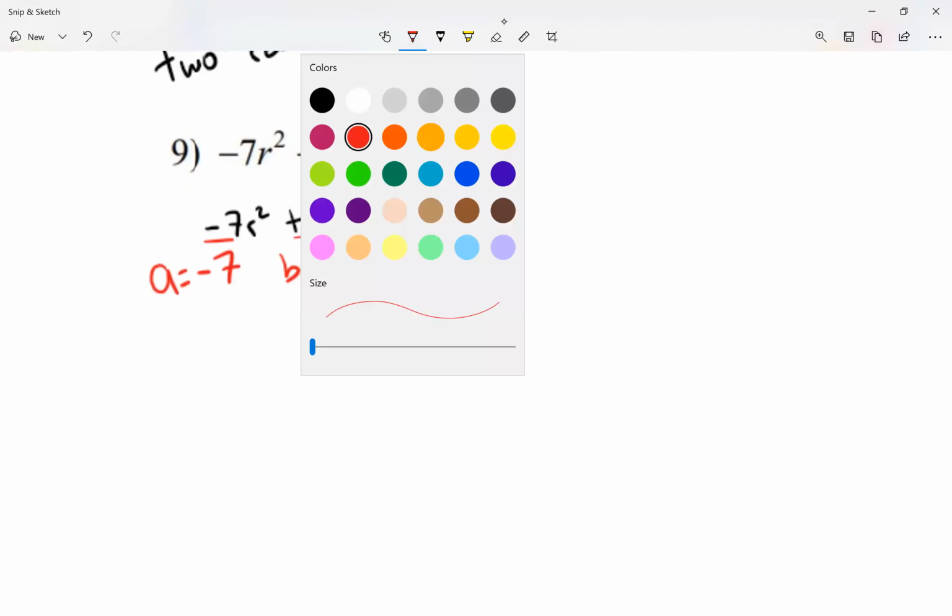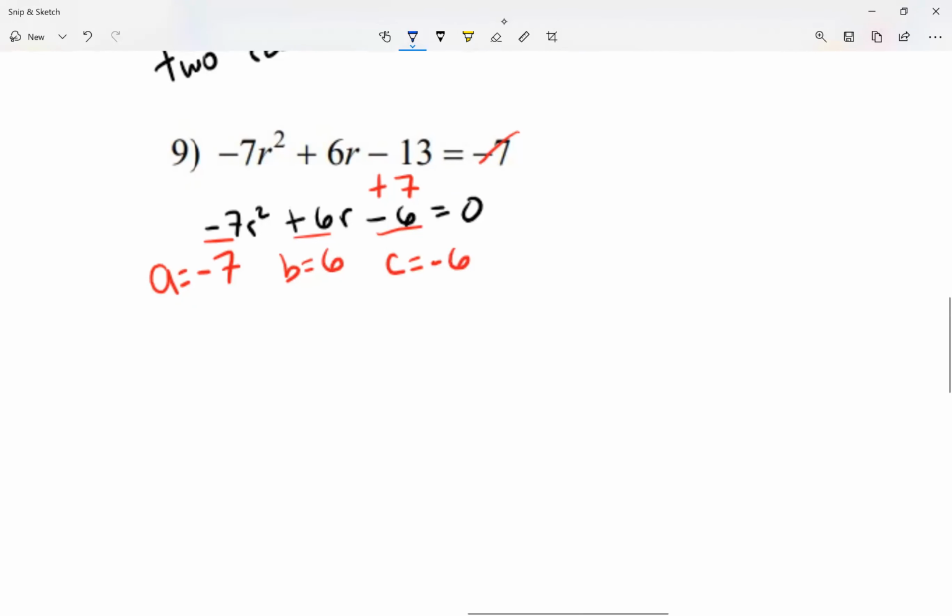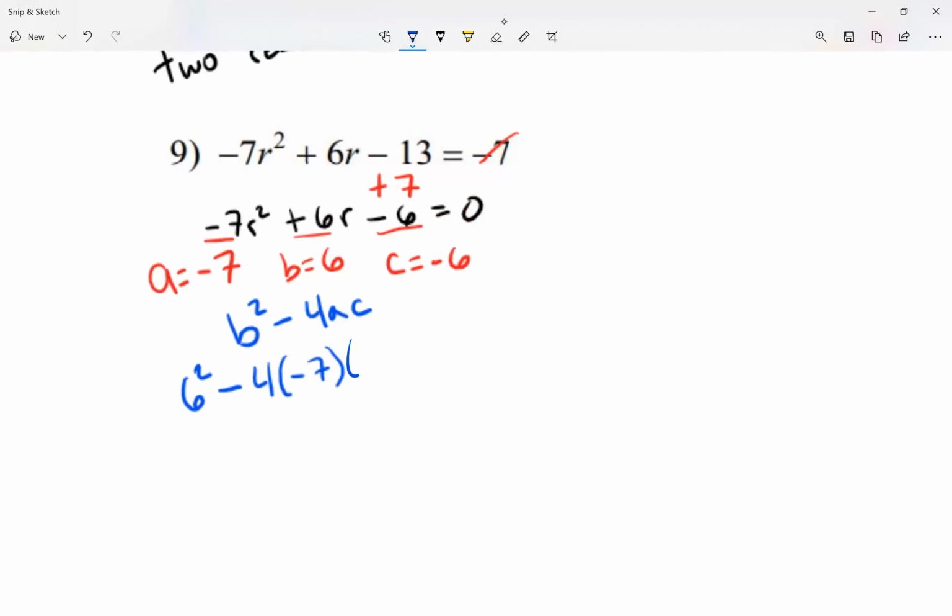And I remember my formula for my discriminant, B squared minus 4 times A times C. So I have to go 6 squared. It's positive, so I'm not going to use parentheses. 6 squared minus, okay, now in this case, I will use parentheses, minus 4 times a negative 7 times a negative 6. 4 times A times C. 2 negative signs cancel out, so I'm dealing with positives.